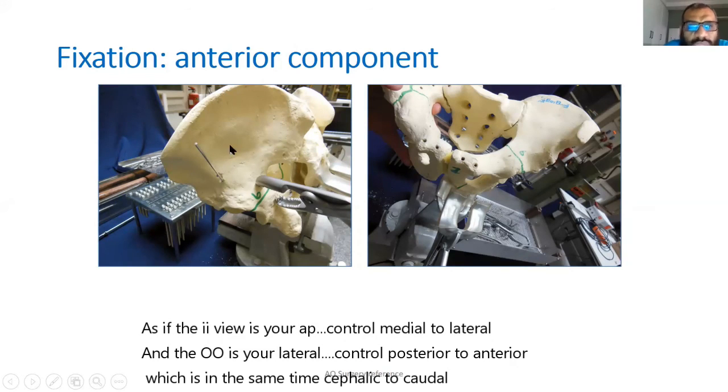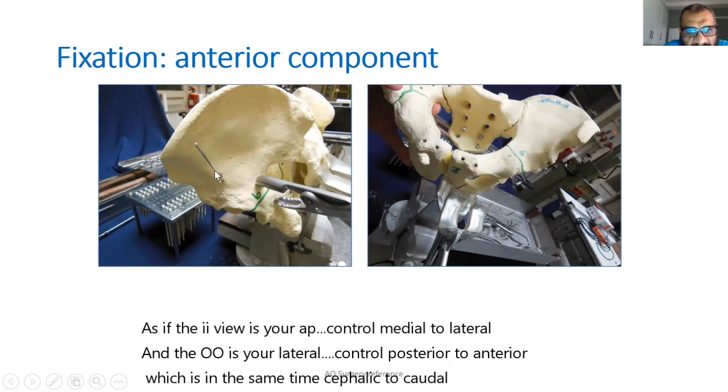So it's in two directions, in two planes. One plane is the coronal plane and the other is the sagittal plane. So the obturator outlet view is controlling the sagittal plane, or oblique sagittal plane. And if you go with this guide wire cephalic, the screw will go caudal.